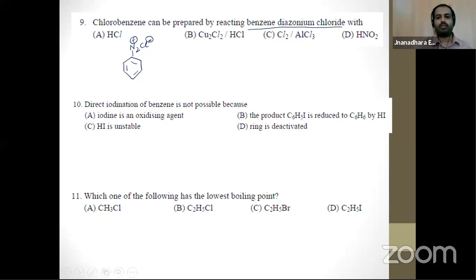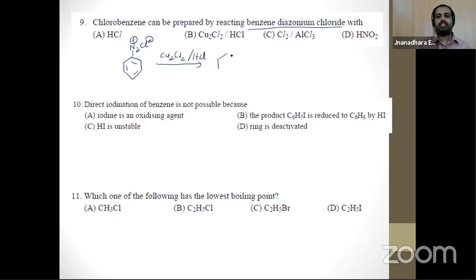Very good. Can anyone name the reaction? Sandmeyer's. Yes, very good. In Sandmeyer's reaction, you have benzene diazonium chloride made to react with cuprous chloride in presence of HCl.